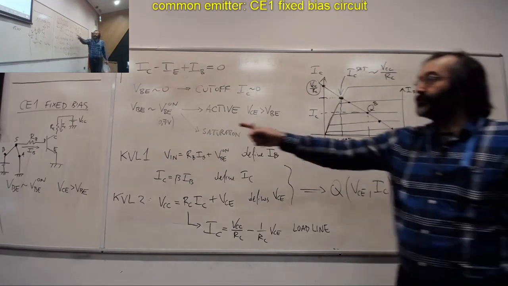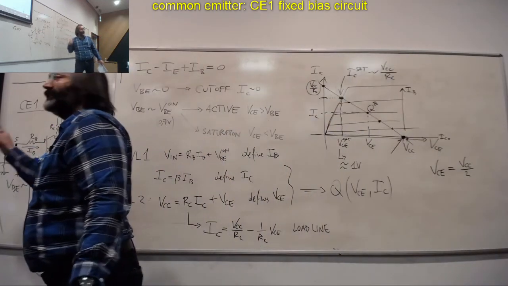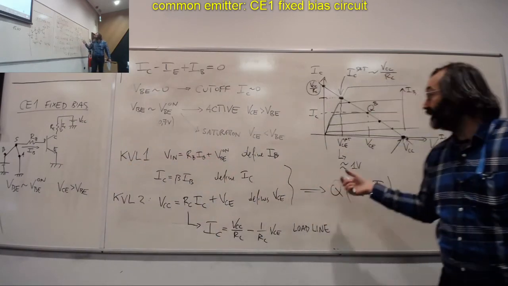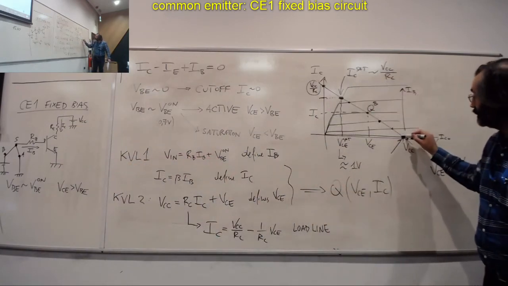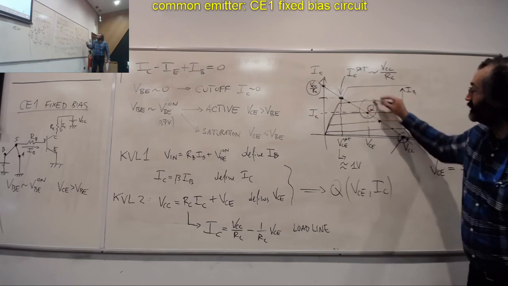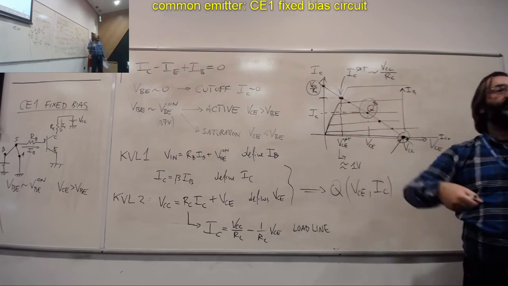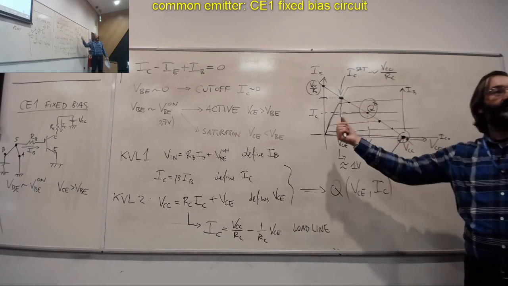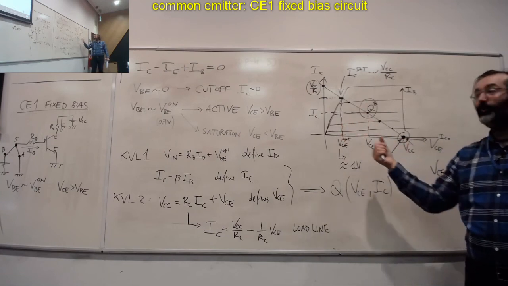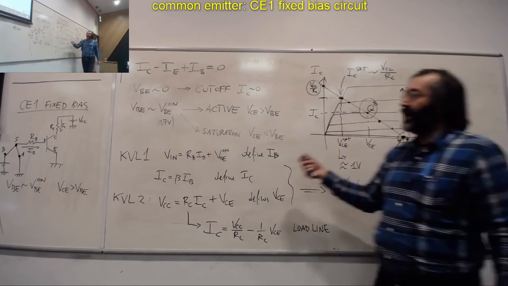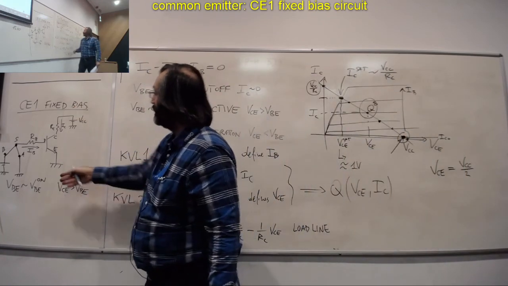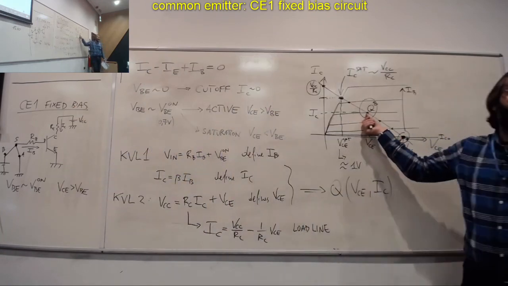So that switch will let me move my circuit from this point to this point. As you move the switch, the system does that. So you will have either no current through here, or a lot of current.